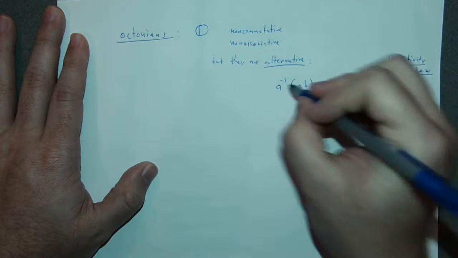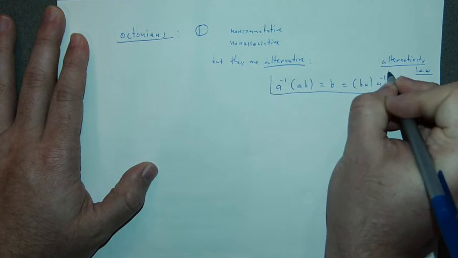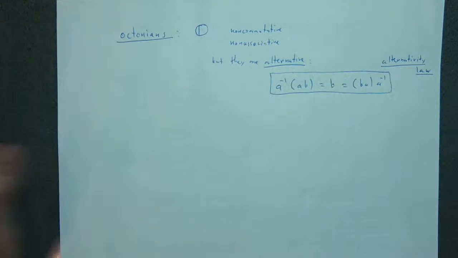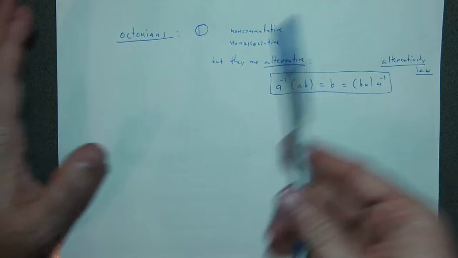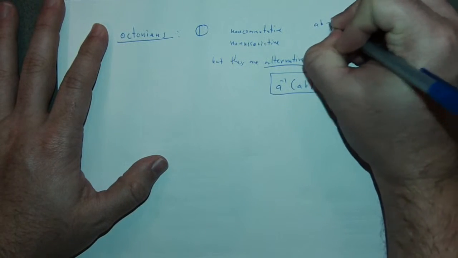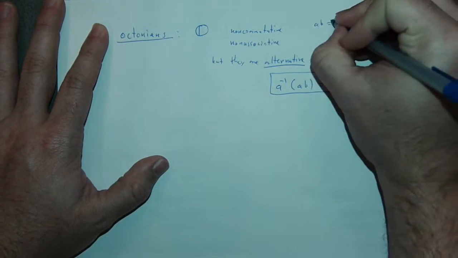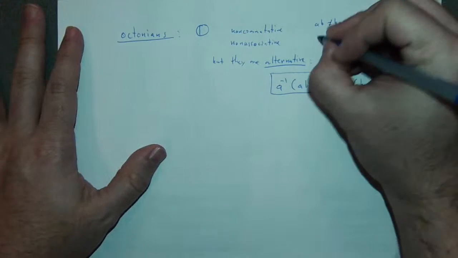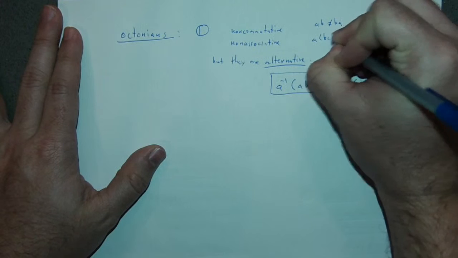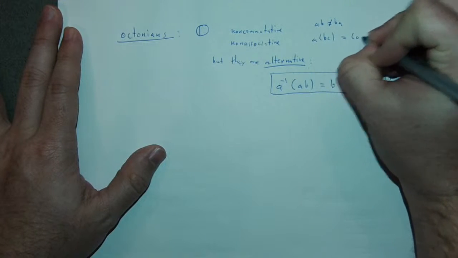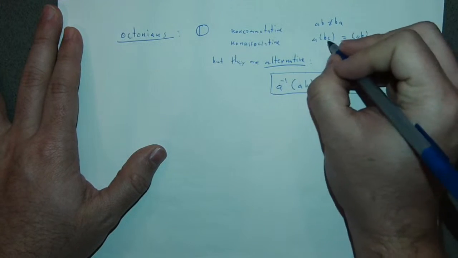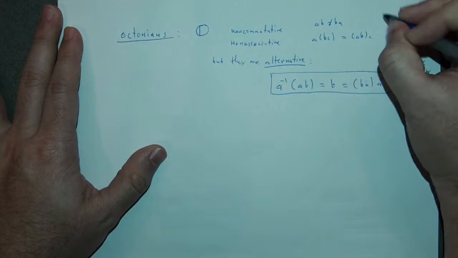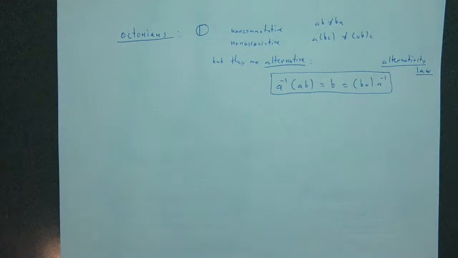Think about this for a second, to think about why this is weaker than associativity. Commutativity is AB equal to BA. That's not the case for every A and B in the Octonians. Associativity means that A times BC is equal to AB times C. That's not true for every A, B, and C in the Octonians.